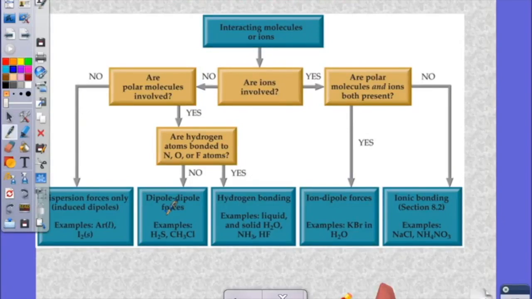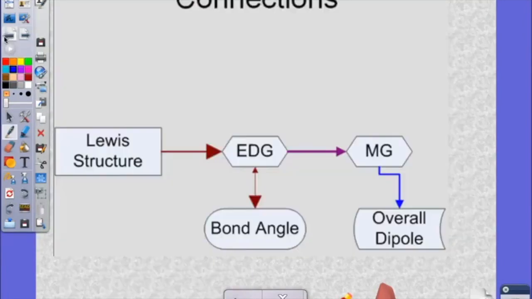Just think, if you dissolve salt in water, the NaCl will dissociate into Na+ and Cl-. The force between the Na+ and the water will be ion dipole. The force between the Cl- and the water will be ion dipole. Let me go back and show you the case for each one of them.